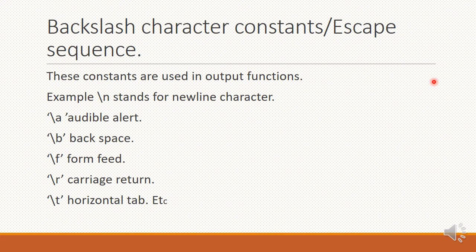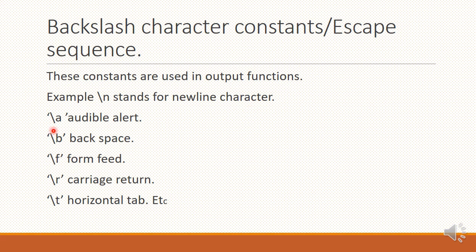It is going to print in two lines. Here I am writing printf, and in the double quotes I will write this, afterwards I will take the new line character, and here another sentence. This is going to print in two lines. That is why this is called the new line character.